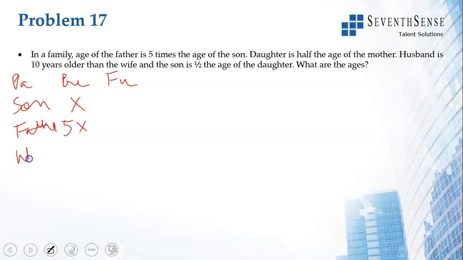So mother is 10 years younger than the father. Father is 5x, wife is 10 years younger. Son is half the age of the daughter, so daughter is 2x.